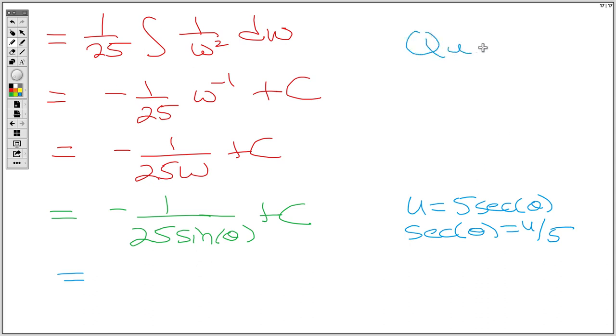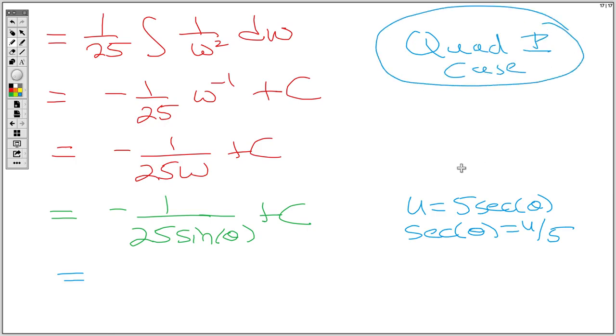Now remember, we're in the quadrant 1 case. So here's my angle theta. The secant is u over 5, so that's the hypotenuse over the adjacent. And since we're getting close on time, you can use the Pythagorean theorem to get that this side is the square root of u squared minus 25.